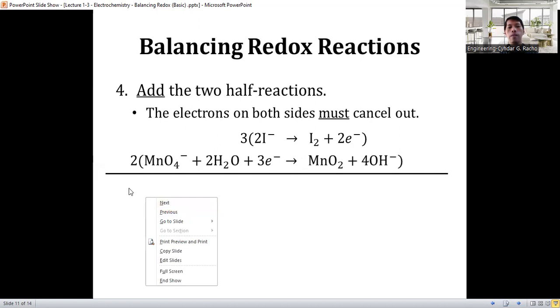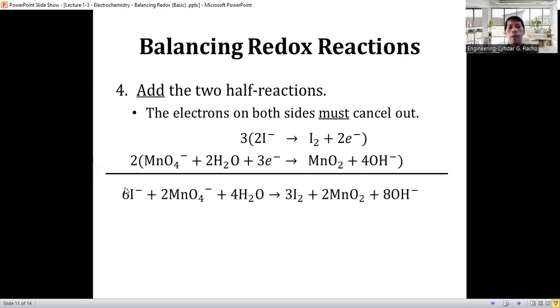So upon doing that, let's simplify further. So you have 3 times 2, that is 6I negative. Then you have 2 times 1, so you have 2MnO4. And then you have 2 times 2, you have 4H2O. And then you have 6 electrons. In here, meron ka ring 6 electrons. So mag-cancel out na yan.